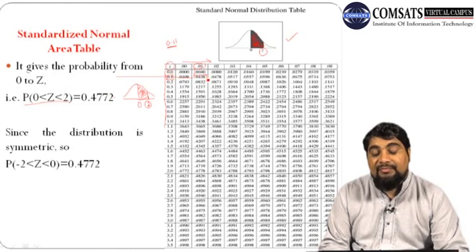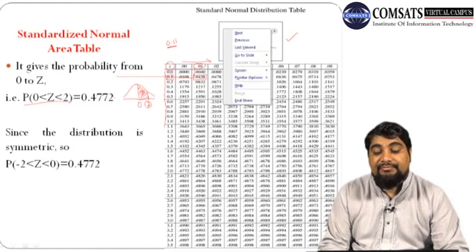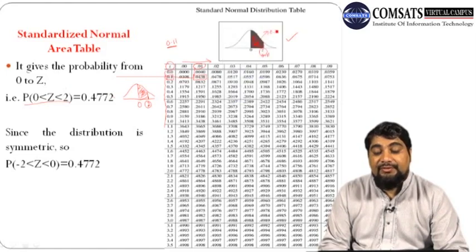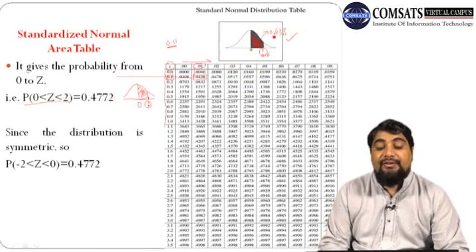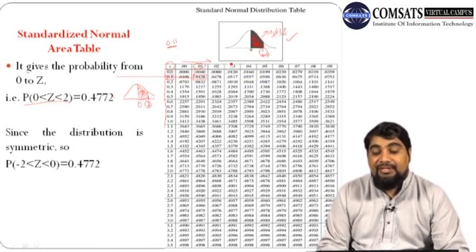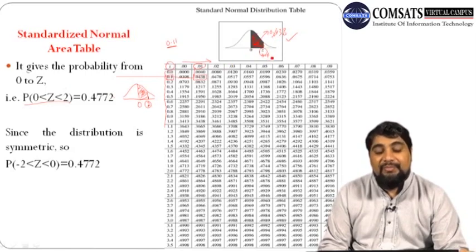This value gives us the area when z is 0.11, which is 0.0438. So this is between 0 and 0.11.